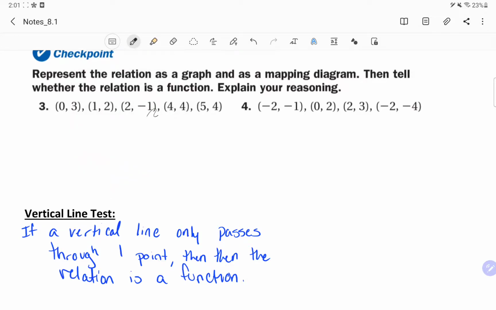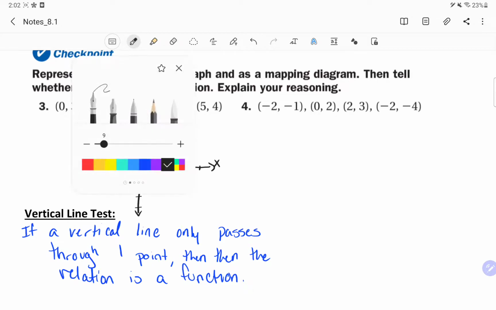Okay? So first thing we need to do, graph our points. Okay, so I'm going to make my graph. Here's my y-axis. Here's my x-axis. All right, and again, my biggest number is 5, so that's how many ticks I'm going to put on here. All right. So my first one is at 0, 3.